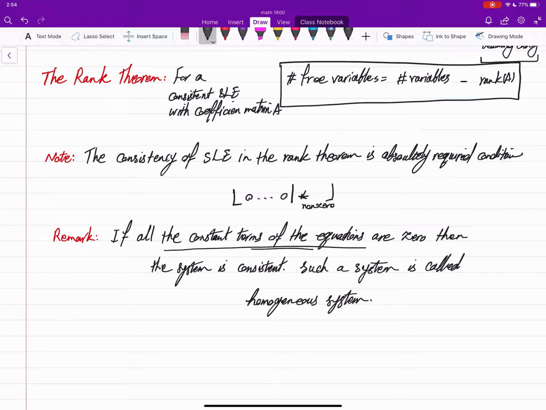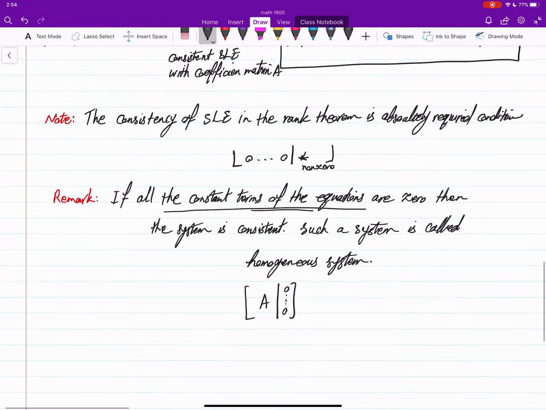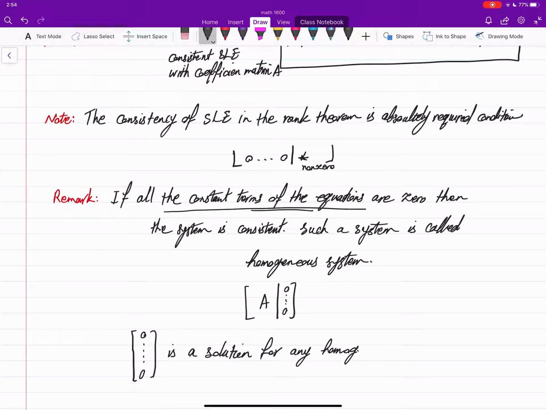In other words, when you write the augmented matrix, you will have the coefficient matrix, and on the other side, everything will be 0. Another way of seeing that a homogeneous system is consistent is that the vector 0, 0, 0 is always a solution for any homogeneous system.